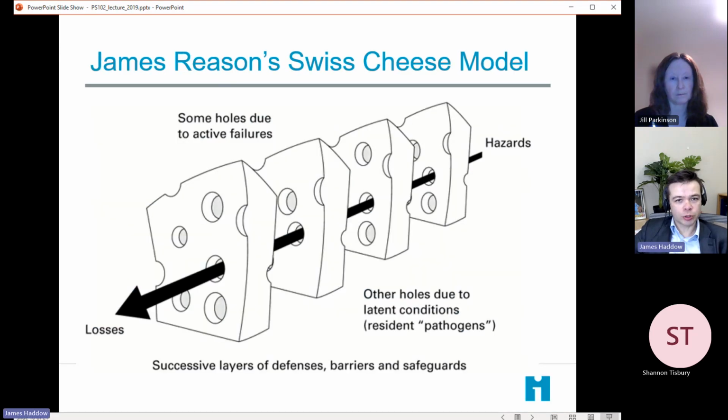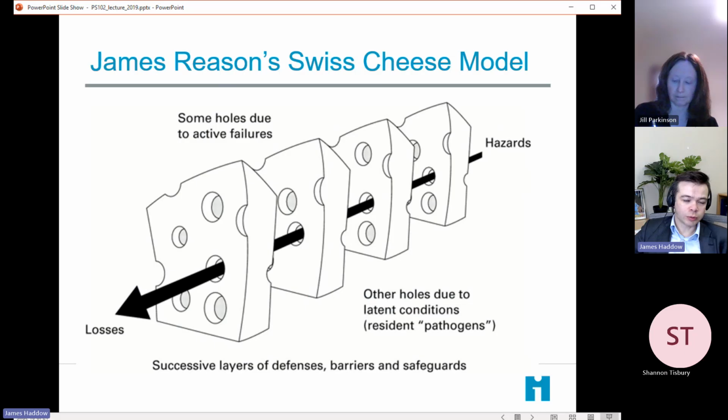And that leads you on to the Swiss cheese model. So we always think about failures not as the result of just that last layer of defense, of somebody doing something wrong, but all the things before it, all the checks and balances that also failed to stop those errors from actually resulting in harm.